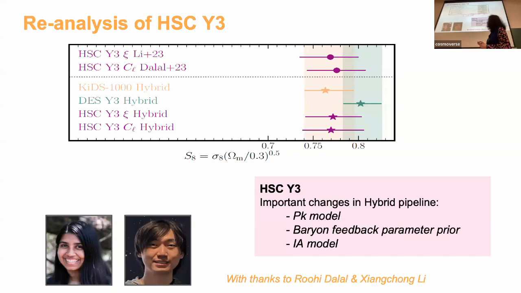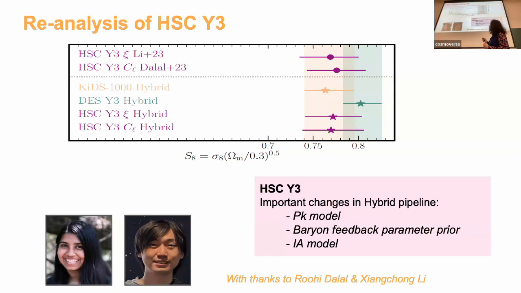Now here you can see what happens to the KiDS data and to the DES data when we do that. I'm not showing you the previous result here, but in another plot you'll see that. If you remember where they were before, they are both shifted high. So the S8 value is shifted high.